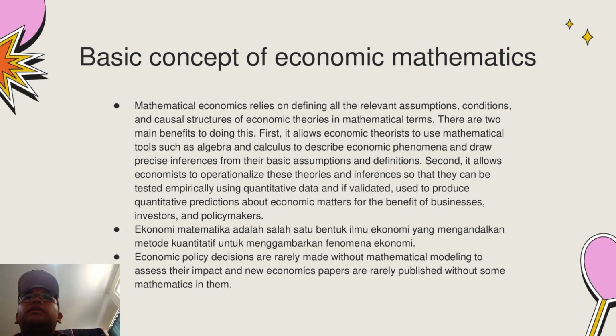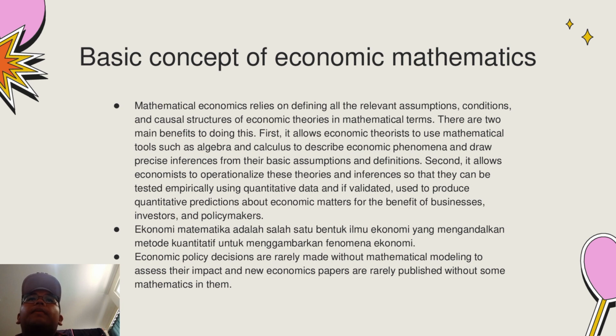Second, it allows economists to operationalize this theory and inference so that they can be tested empirically using quantitative data, and if validated, used to produce quantitative predictions about economic matters for the benefit of business, investors, and policymakers.